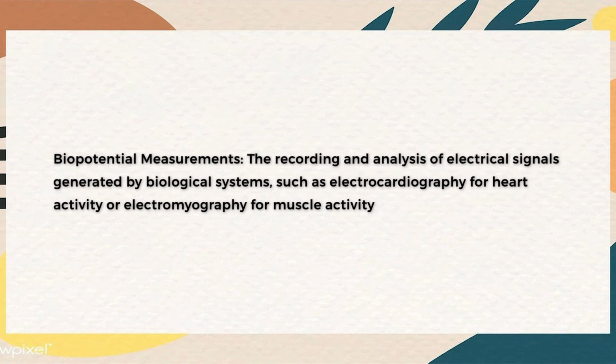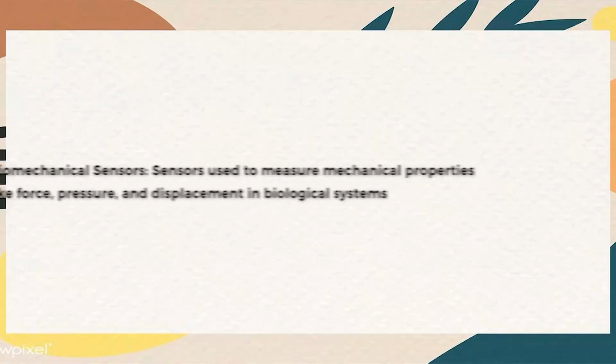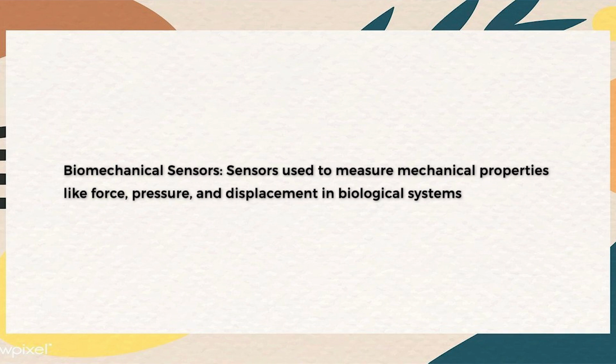Fourth is biopotential measurements, the recording and analysis of electrical signals generated by biological systems, such as electrocardiography for heart activity or electromyography for muscle activity. Fifth is biomechanical sensors, sensors used to measure mechanical properties like force, pressure and displacement in biological systems.